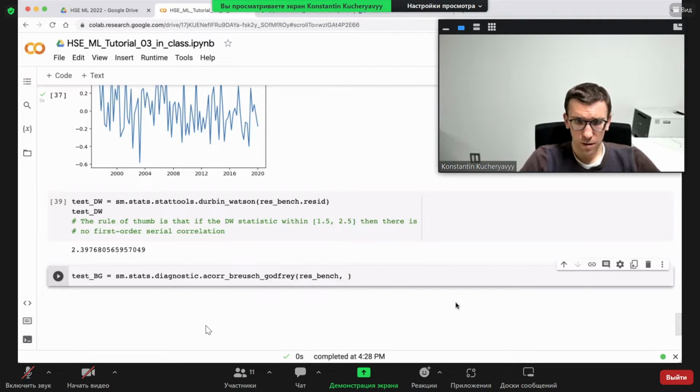So say the number of lags is 2. So we test second order serial correlation.